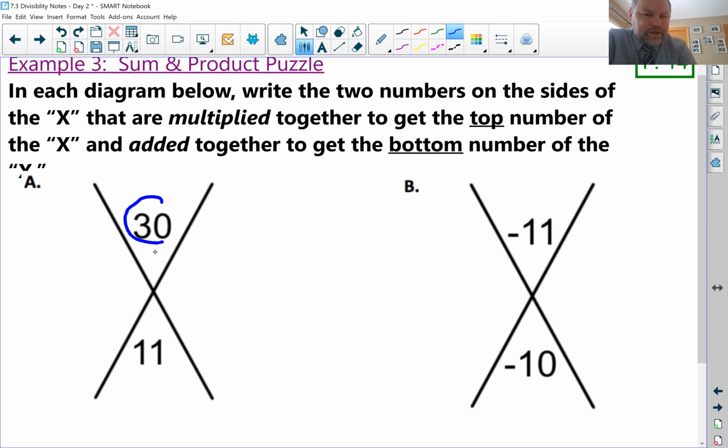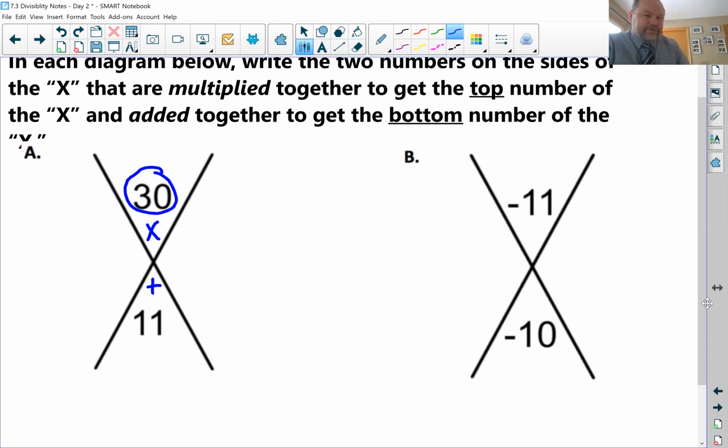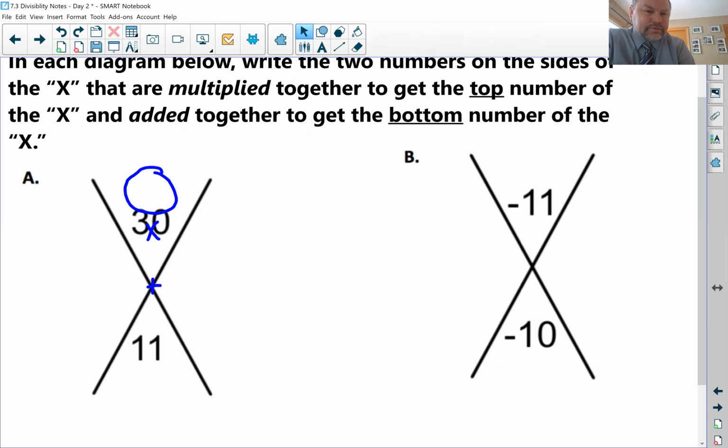So they multiply, in this case, to get 30, and they add to get 11. Again, knowing the factors is going to be helpful. If you're not sure of the factors, making a list is always a good option.